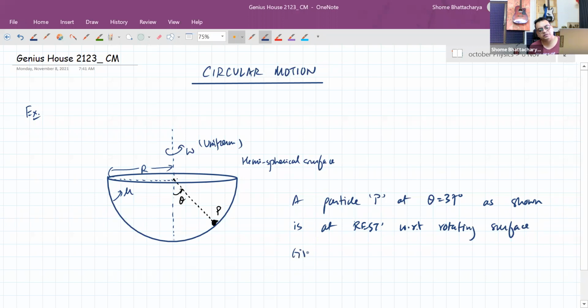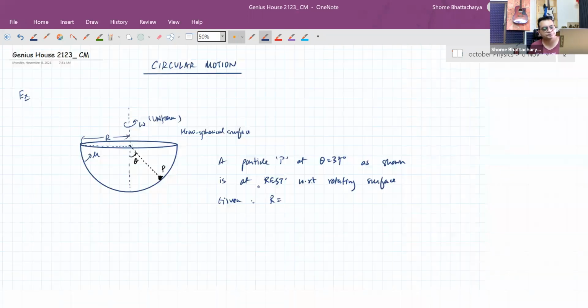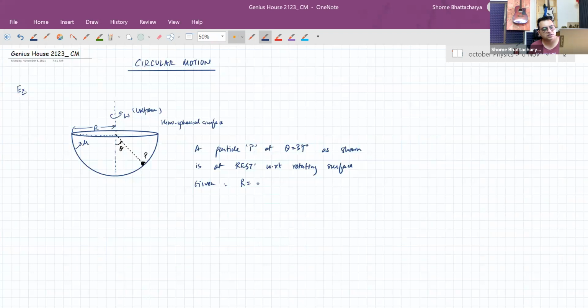So given that the radius of curvature of the hemispherical surface is, let's say, 5 meters, g is equal to 10 meters per second square, and the coefficient of friction is 0.2.